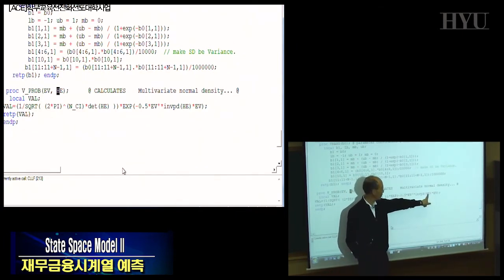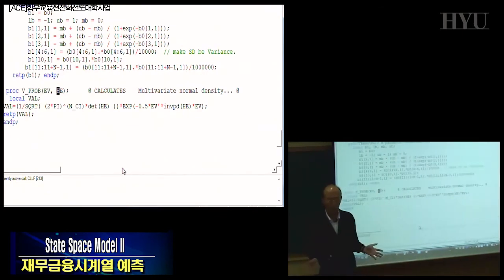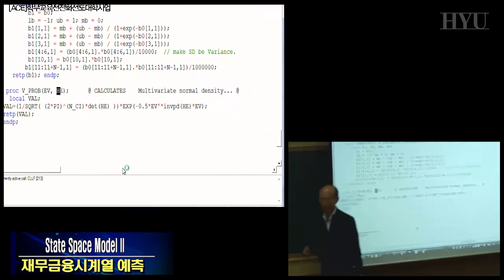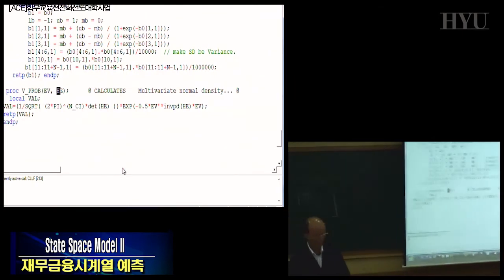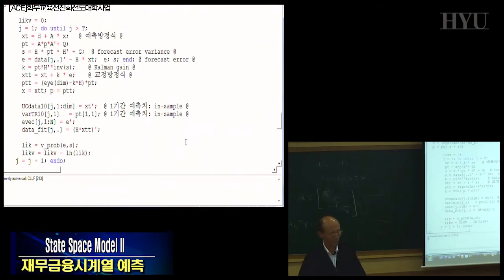So if somehow you calculate H as a non-symmetric one, not positive definite, then you will probably get an error here. So we've seen that part.